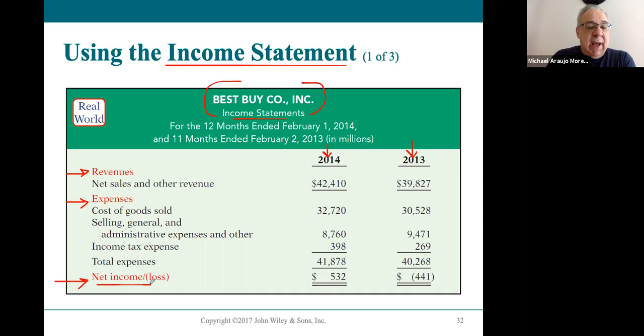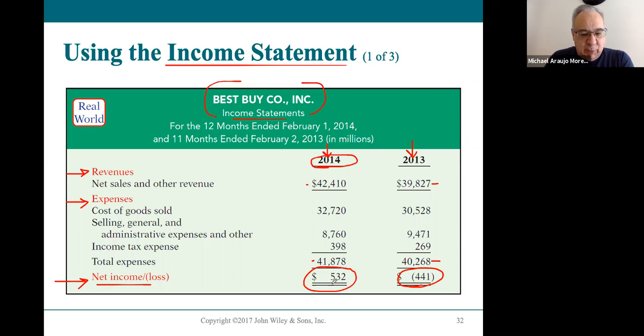And as you see, Best Buy in 2013 had a loss because their expenses were larger than their revenue for that period of time. Right. But in 2014, the most current year on this statement, their revenues were larger than their expenses, and so they ended up having a profit.